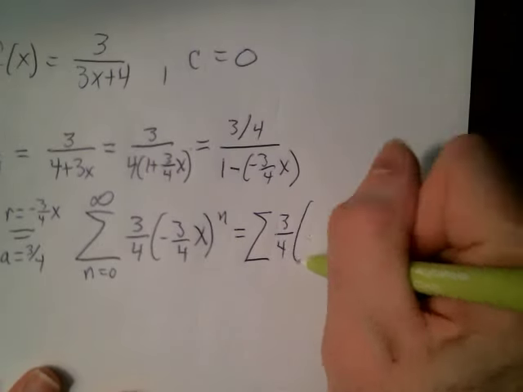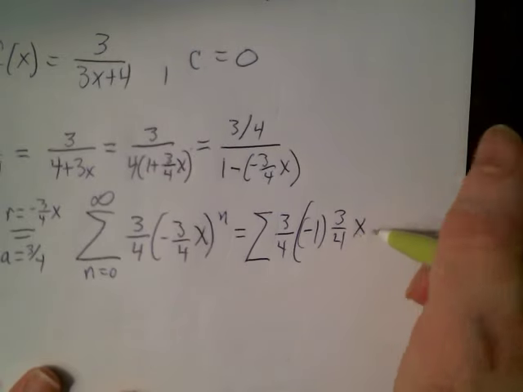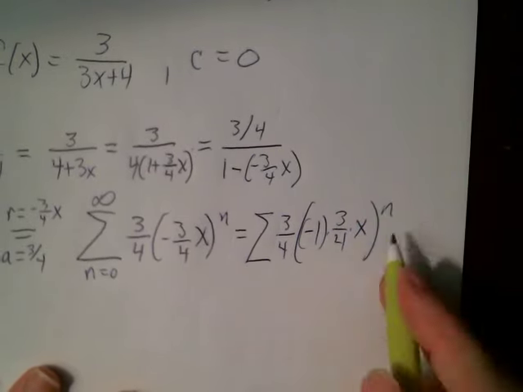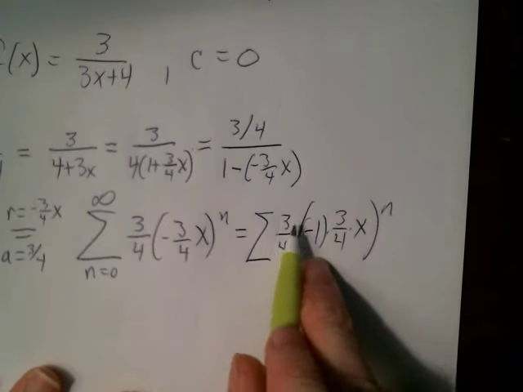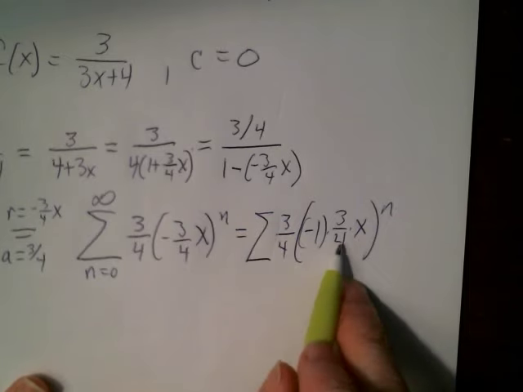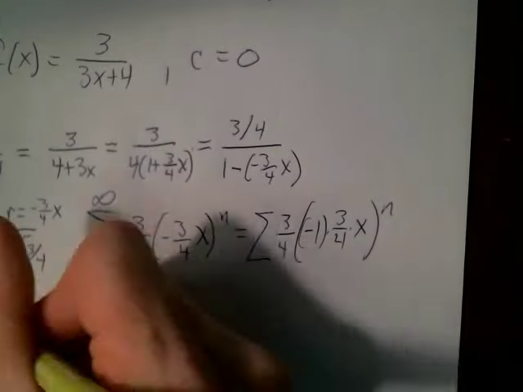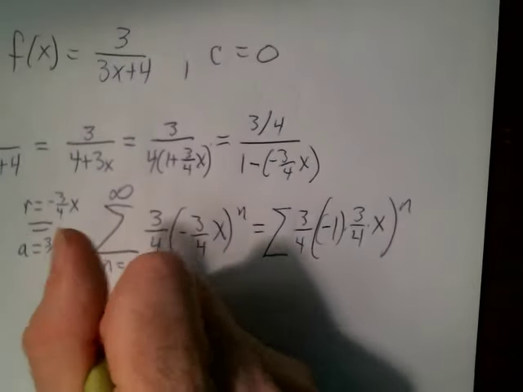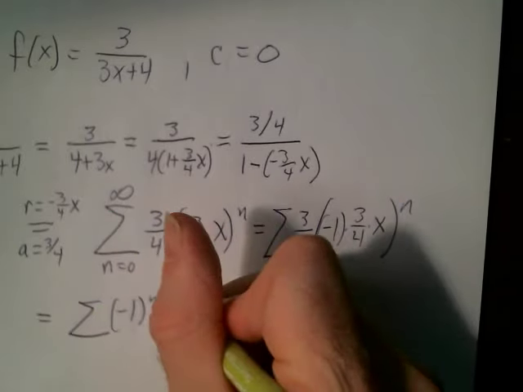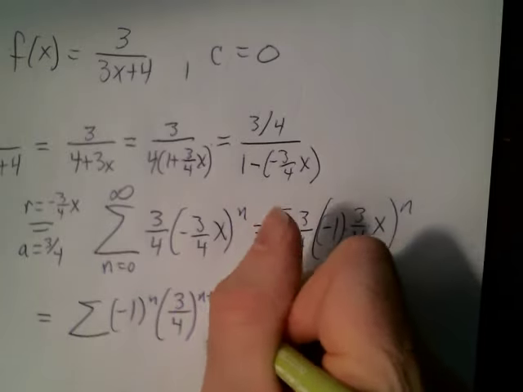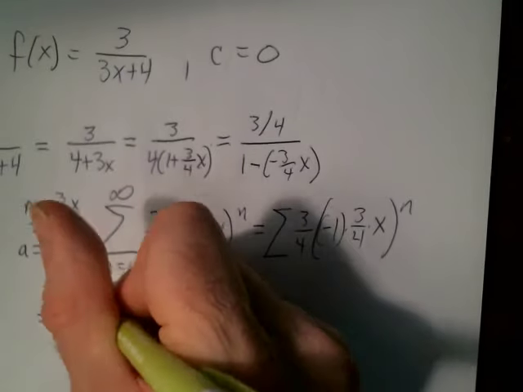So I have 3/4 times negative 1 times 3/4 times x raised to the n, and then if you distribute the n to all three, you'd have negative 1 to the n, 3/4 to the n. Over here I have 3/4 to the 1, so that would be 3/4 to the n plus one of these factors, and then x to the n. So what do we have then? Negative 1 to the n times 3/4 to the n plus 1 times x to the n, n equals 0 to infinity.